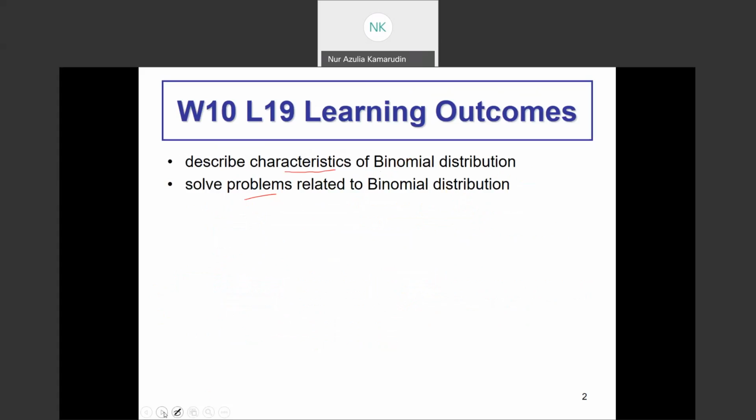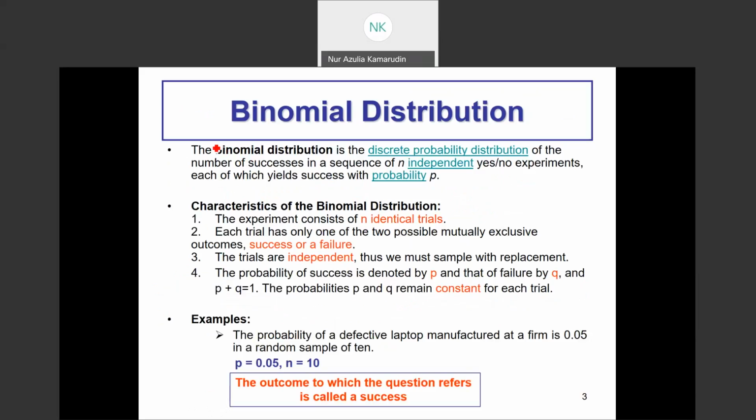Okay, firstly, binomial distribution, again, you're doing for discrete random variables. And then, of course, in this case, you're going to have n independent experiments. N could be any number, okay, 1, 2, 3, 4, and so on.